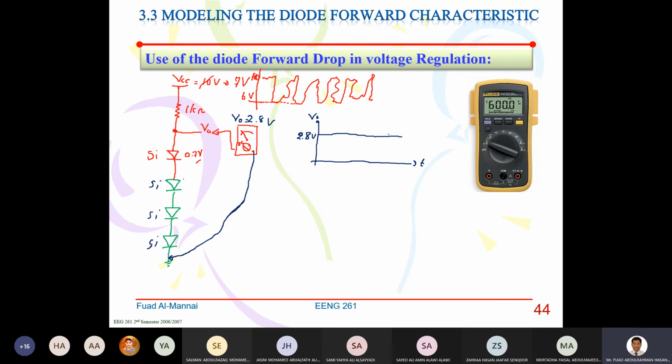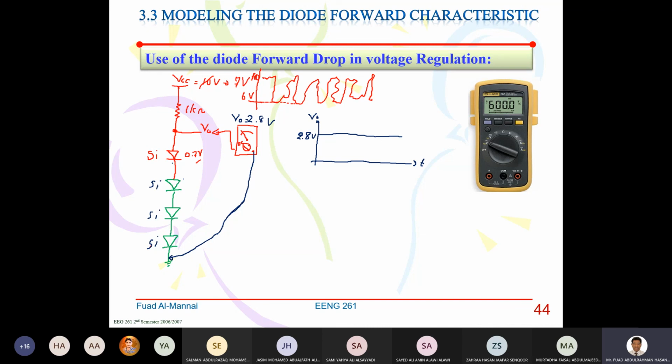Because it's clean, I am regulating the output V out at 2.8 volt. So your 2.8 volt is clean. That's called regulation. Even if this one goes from 10 volt to 5 volt, noise, my output will be 2.8 volt.